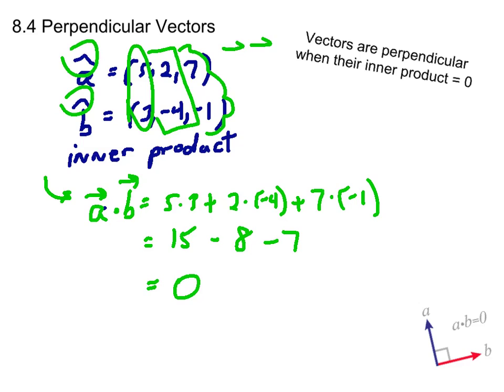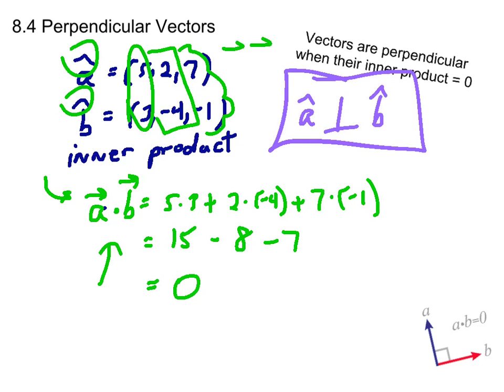That is 0. The inner product is 0. These two vectors are perpendicular. As a gentle reminder, if you don't recall the symbol for perpendicular, that is it. We could state then that vector A is perpendicular to vector B. Just to refresh your memory on the notation there.